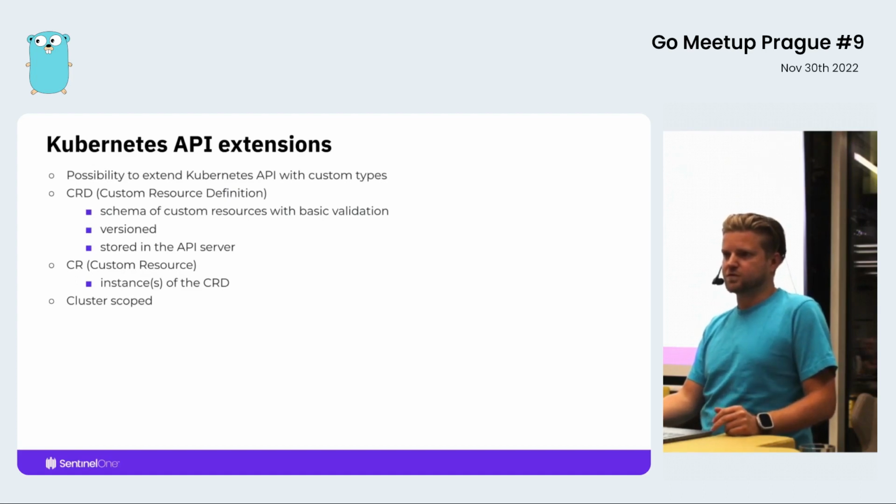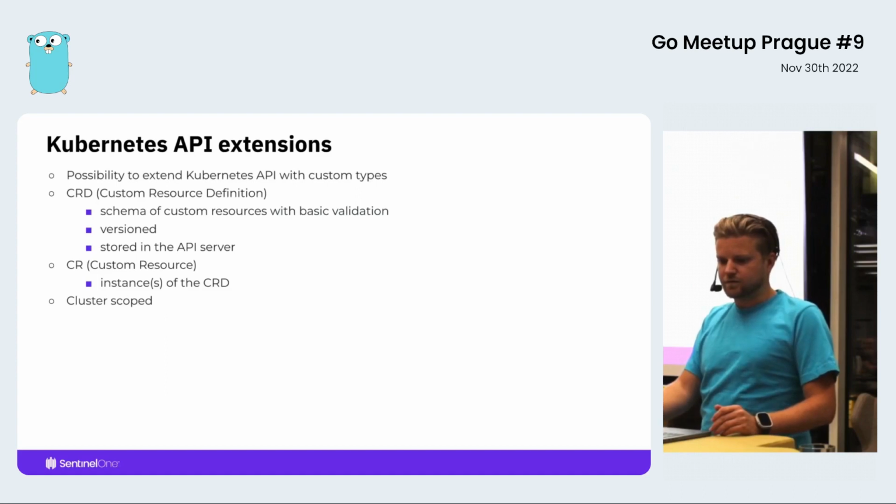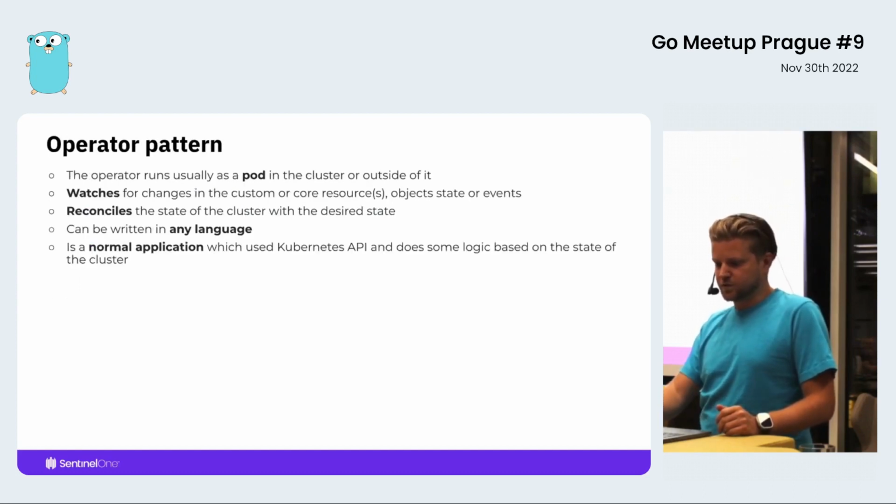It's like a JSON schema of the object itself, and the custom resource, which is something like a pod, is an instantiation of this definition. Custom resource definitions are cluster scoped, so they need to be installed for the whole cluster, and custom resources could be namespaced or cluster scoped based on their usage.